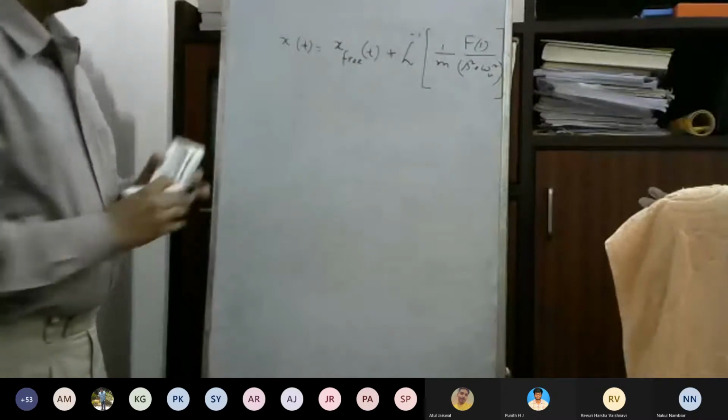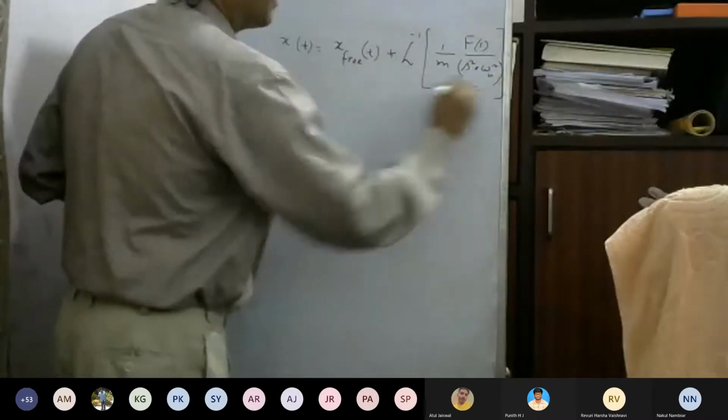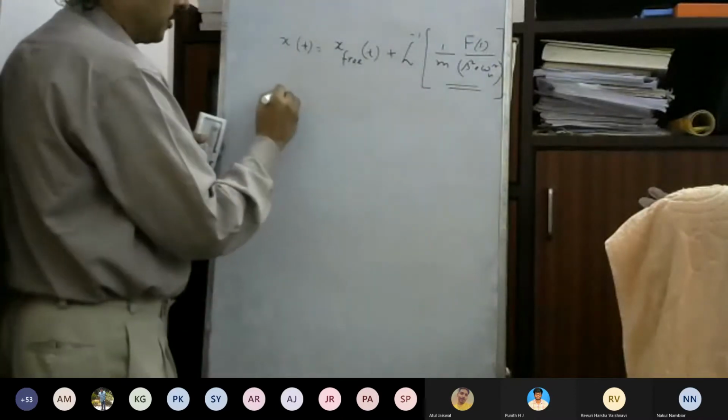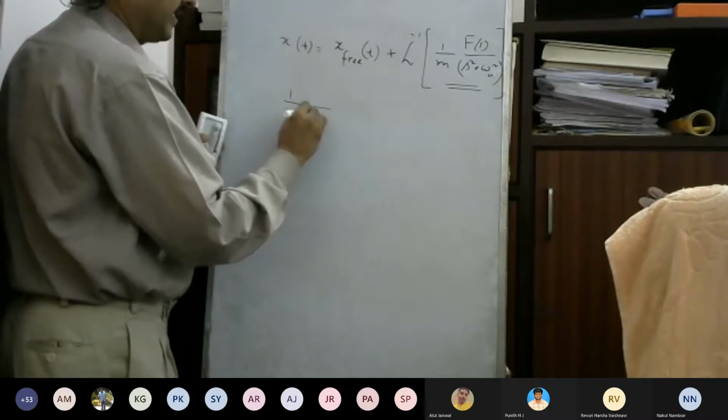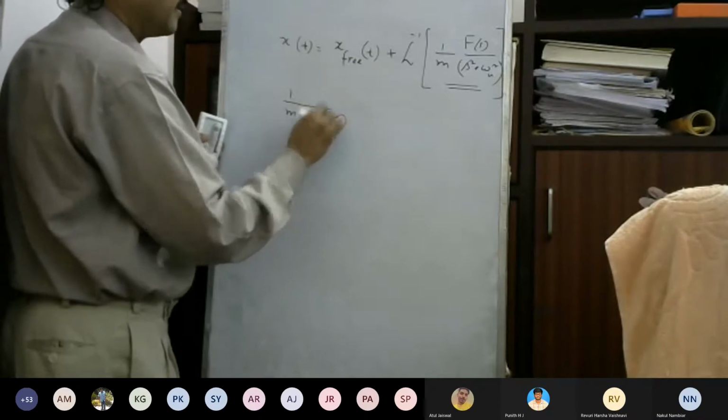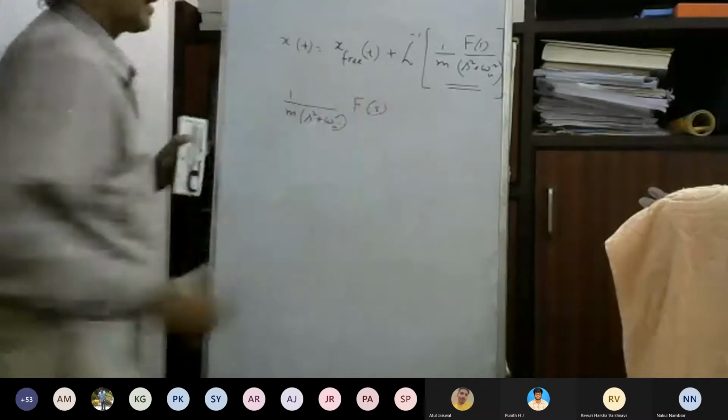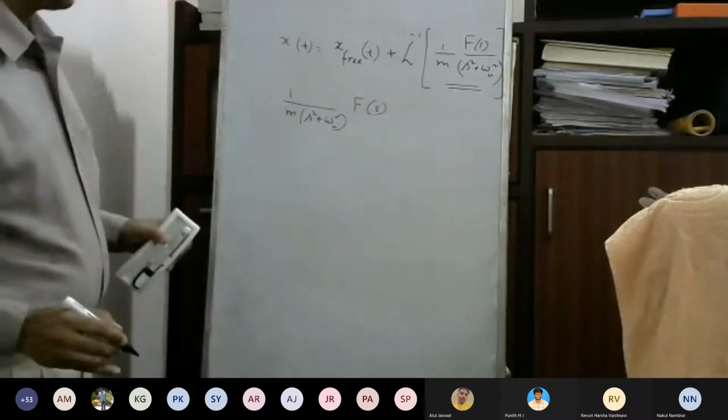All right. Now let me consider this term, 1 by m times s square plus omega n square into F(s). So this is the term we have.